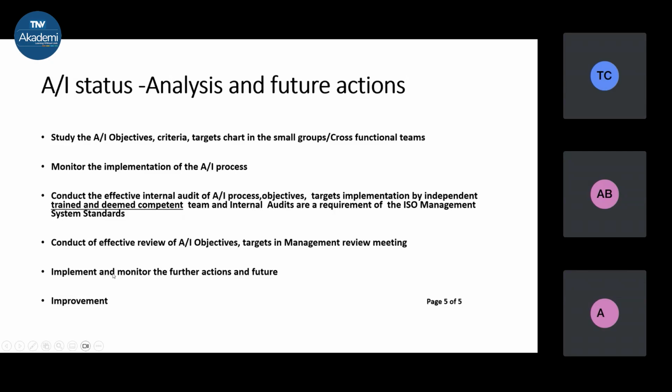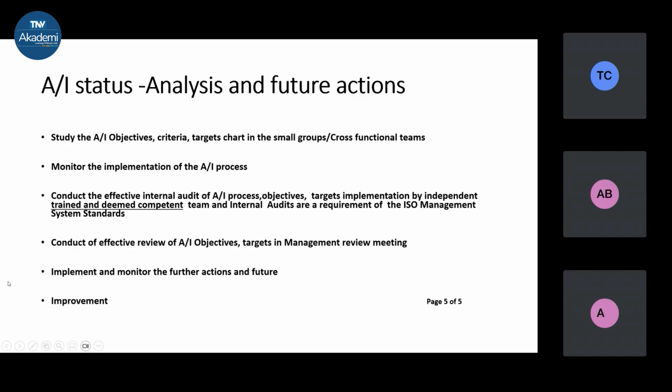All this is implemented as decided in the management review meeting, with respect to the responsibility and authority of the person in the client, the business associate, the auditor or whoever is supposed to implement. So this monitoring goes on for further actions.